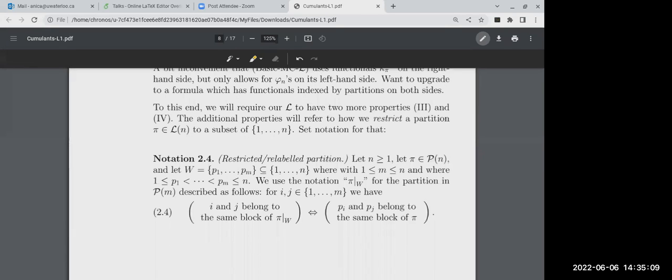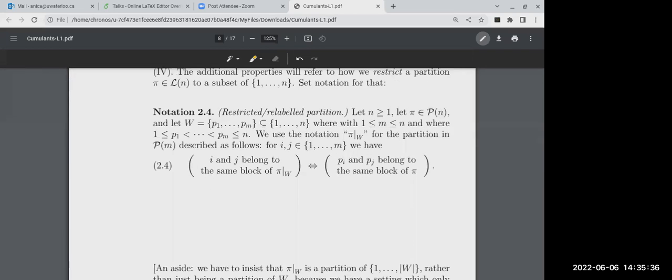We have to add some more properties to our list. This is where things start to be interesting, because you see some relevant properties that partitions may or may not have.